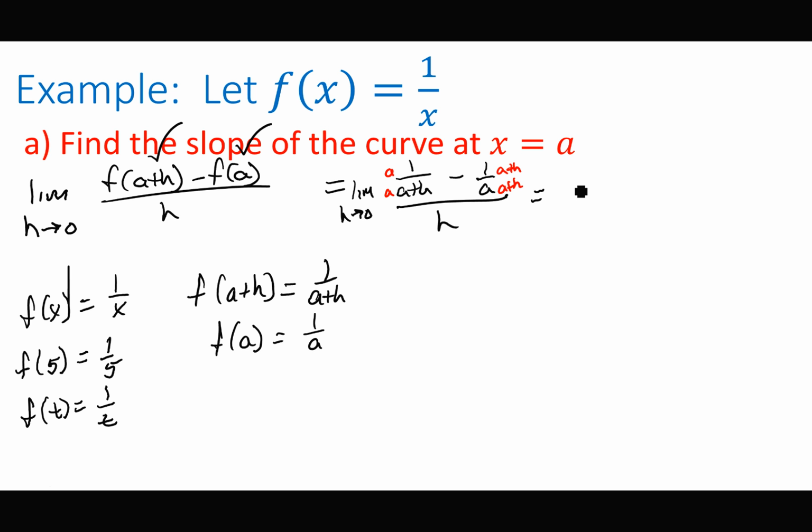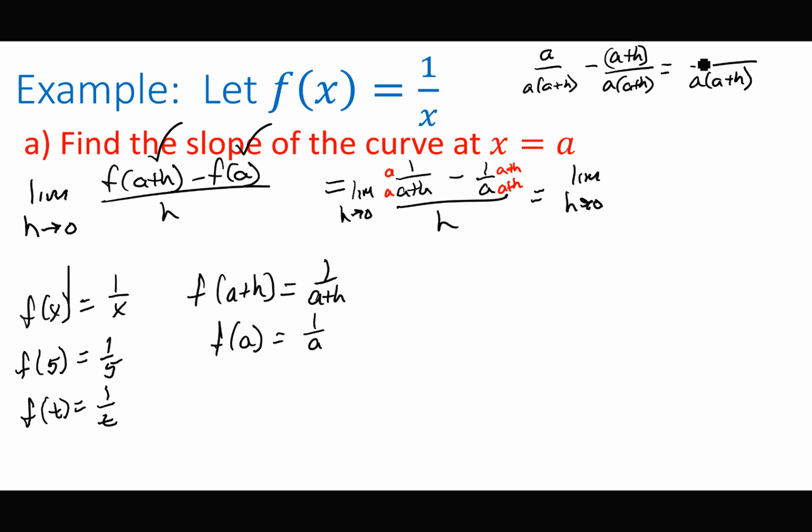So now I have my limit as h approaches 0, and I'm going to do it up here just to make it a little bit easier. So on the left, I would have a all over a times a plus h, and then I'm going to have a plus h all over a times a plus h. So my common denominator is that a times a plus h.